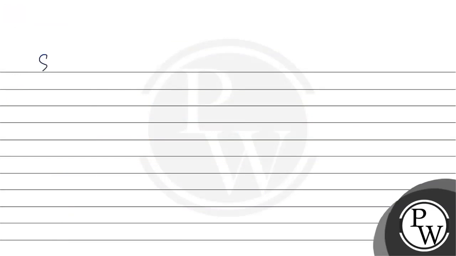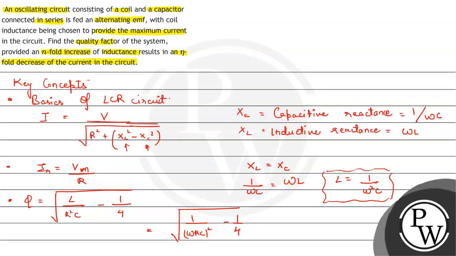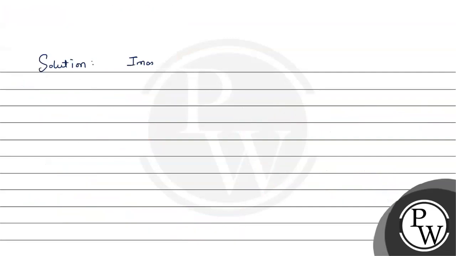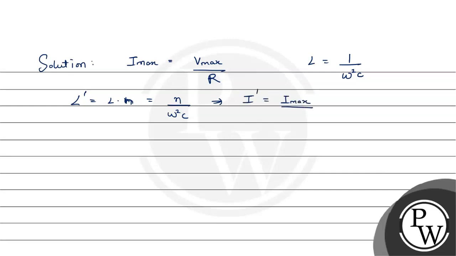So for the solution part, we have I max is equal to V max upon R. Hence at that point L is equal to 1 upon omega square C. We are given that when L is increased n times, L dash is equal to L times n, which is n upon omega square C. In that case I dash is equal to I max upon eta.